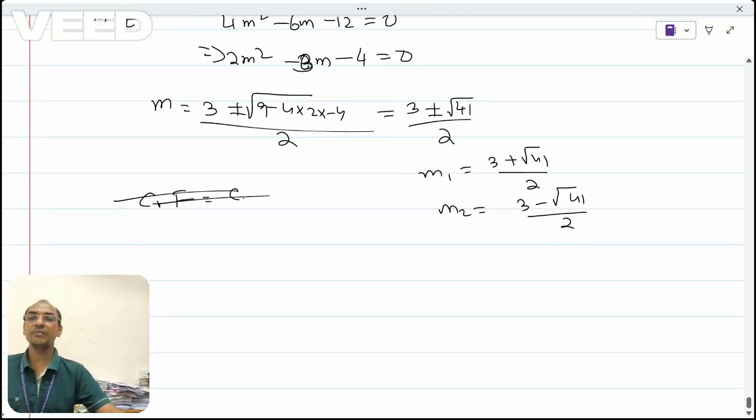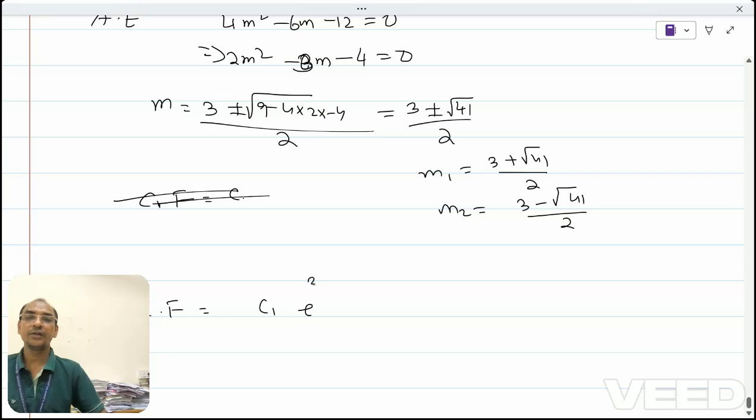And so we will have the complementary function in this way. Complementary function will be c1 e to the power (3 plus root over 41) by 4 z plus c2 e to the power (3 minus root over 41) by 4 z.